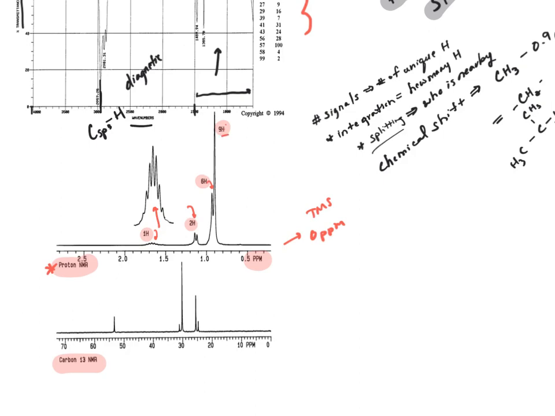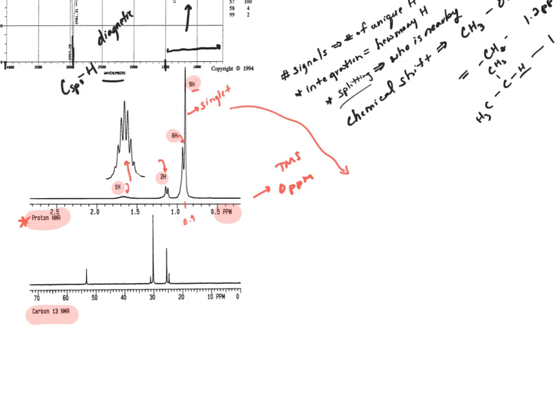This first signal, which shows up at about 0.9 parts per million, right? It integrates to 9 protons, and most importantly, it is just 1 peak, right? It is a singlet. And so a singlet that integrates to 9 protons is almost always a tert-butyl group, right?